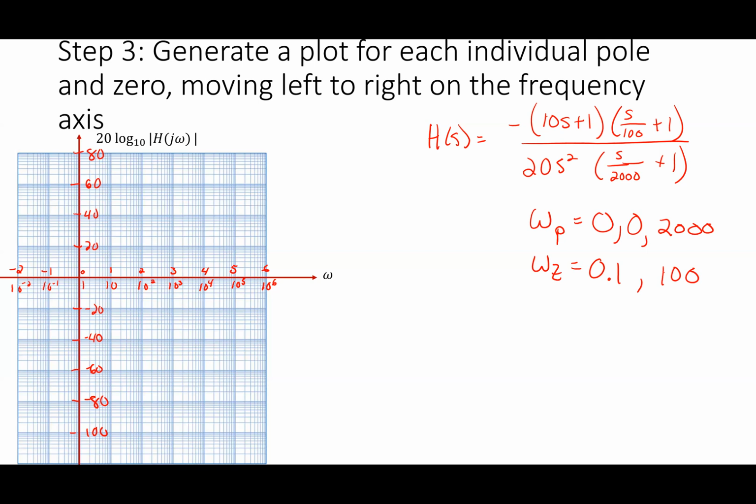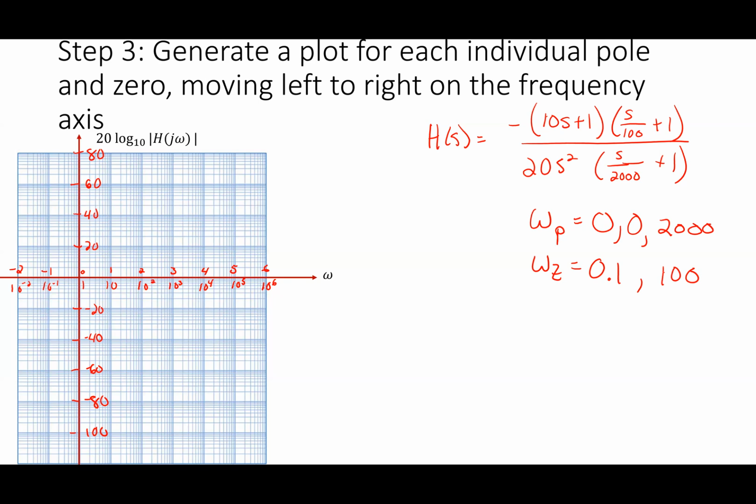All right, so let's go through. Let's start at the top. Let's go clockwise here, I guess. So I'll start with 10s plus 1. That's a 0, and it's a 0 located at 0.1. So what do I do for that, moving left to right? It's going to be flat, and then it's going to go up.